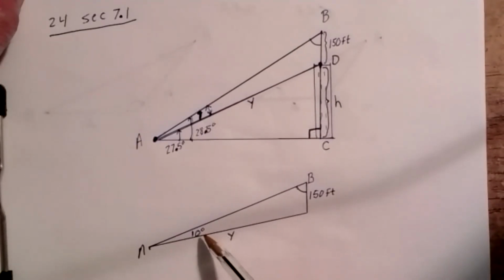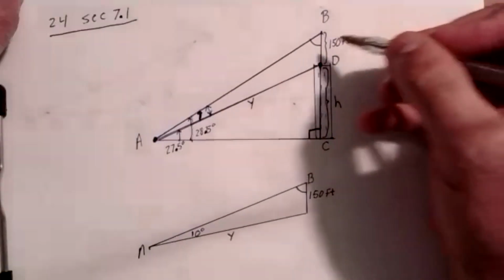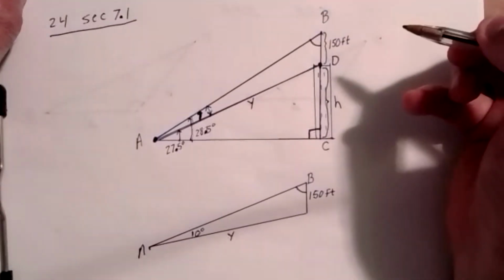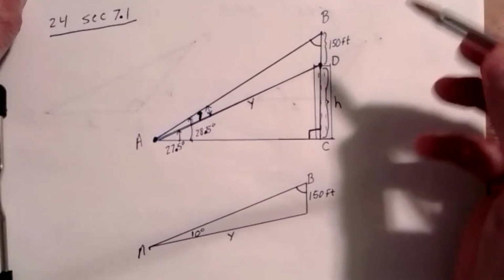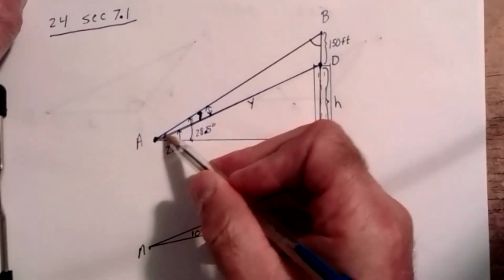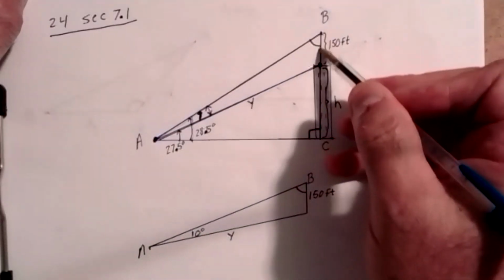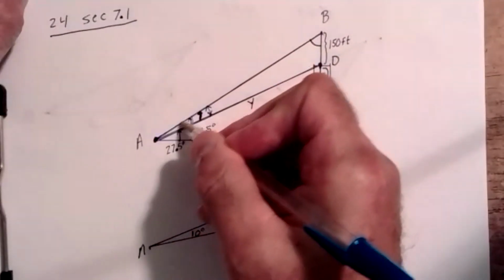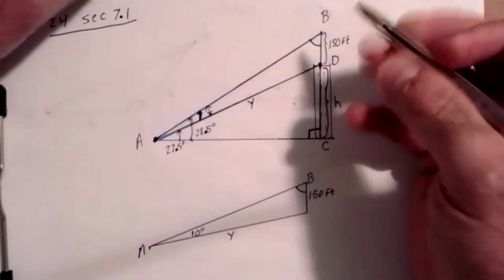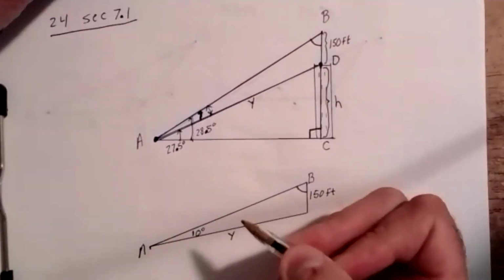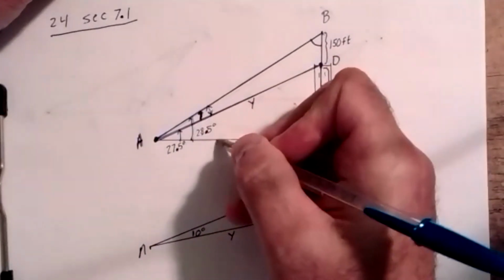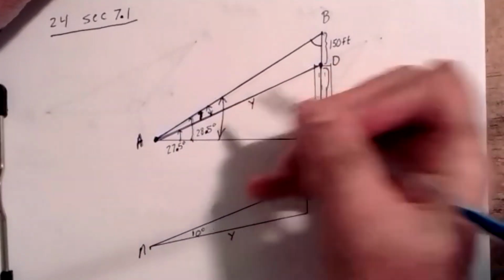Okay. Another thing, ladies and gentlemen, we need to know the measure of angle B here. Well, the measure of angle B can easily be determined if we use triangle ABC, the big triangle. This angle A would be this angle here.